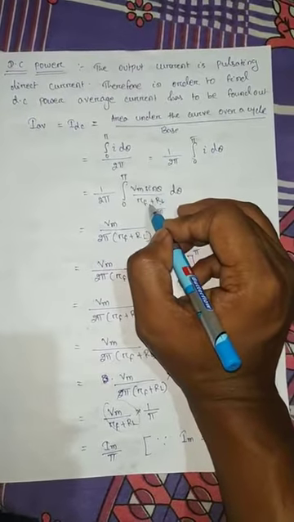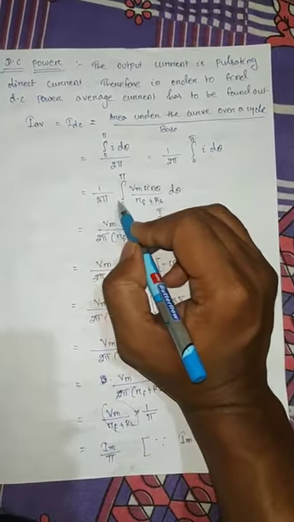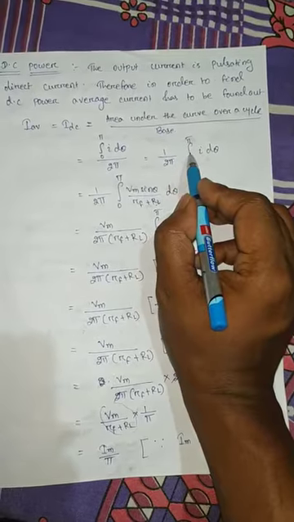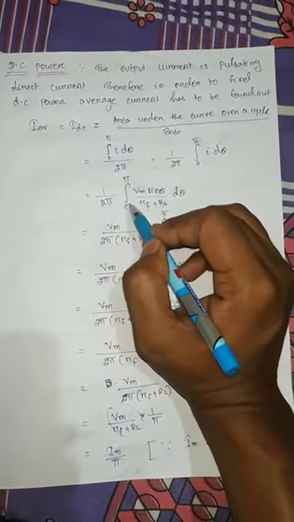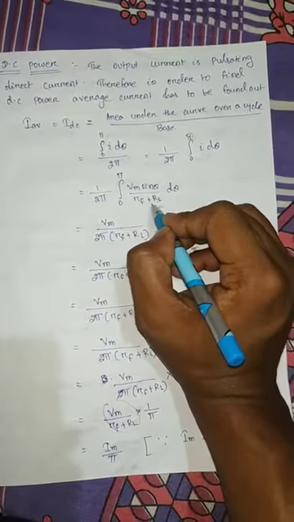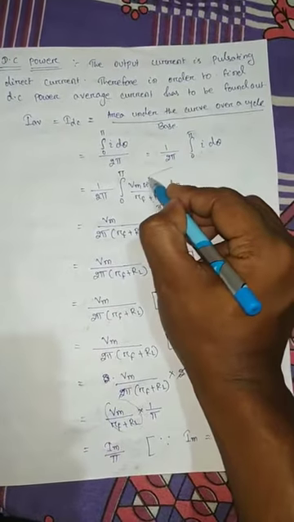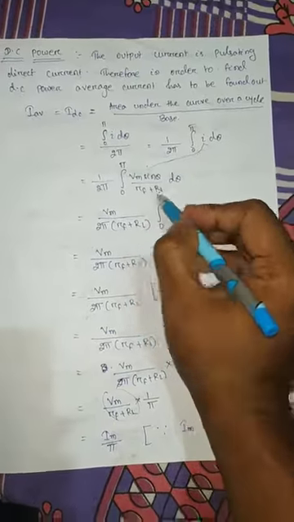So V by R equals I. So the term becomes 1 by 2 pi integration of 0 to pi Vm sin theta divided by Rf plus RL d theta.